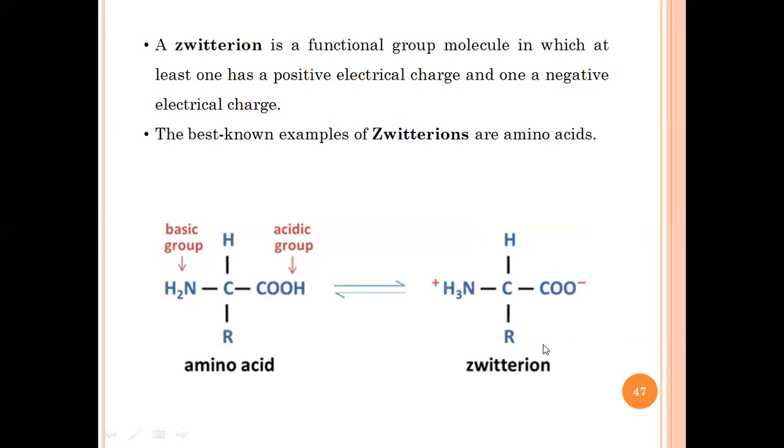This typical structure is known as the Zwitterionic structure of an amino acid. I hope you understand why Zwitterionic, because you can see over here a positive charge and here a negative charge, present within the same molecule. That's why it is called a Zwitterion.